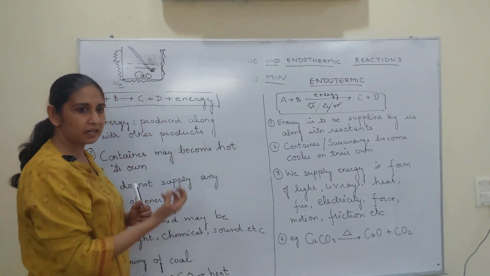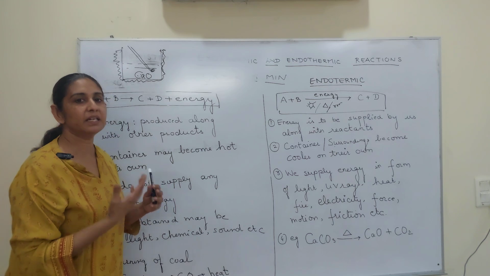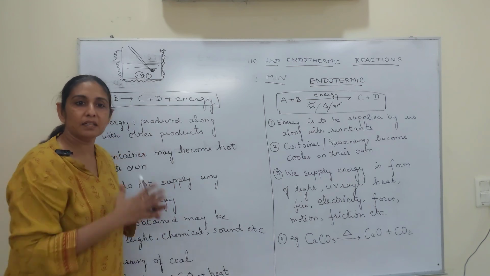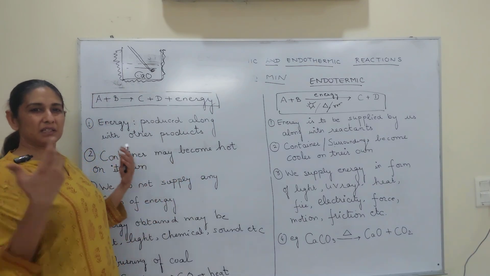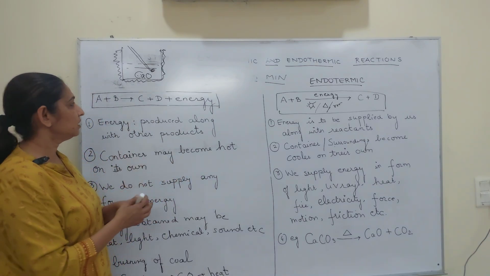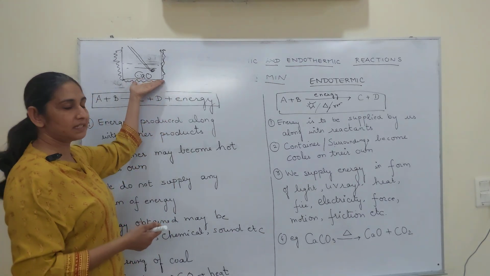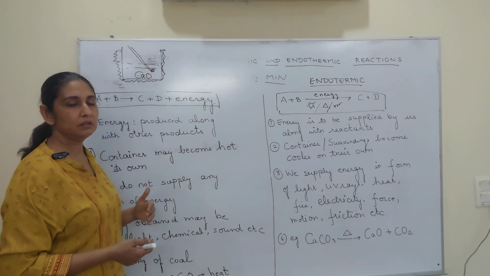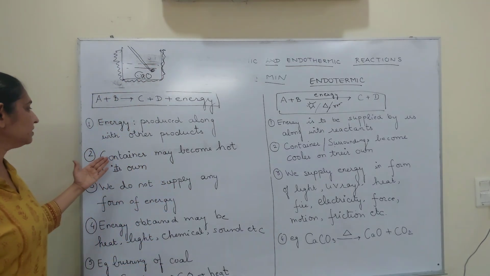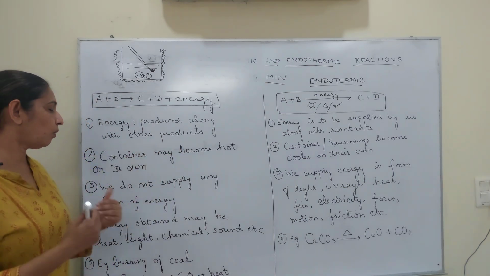We have not set it on fire, we have not put it on a flame, on a burner, on gas, on any fire. It is producing heat on its own, and it is giving out energy to us. When calcium oxide or quicklime is mixed with water, the container and the surroundings start getting warmer, so that becomes exothermic.